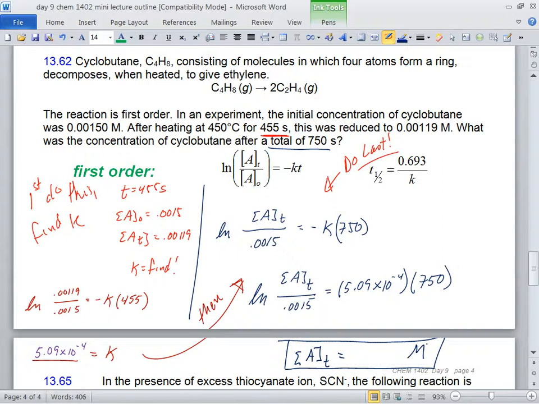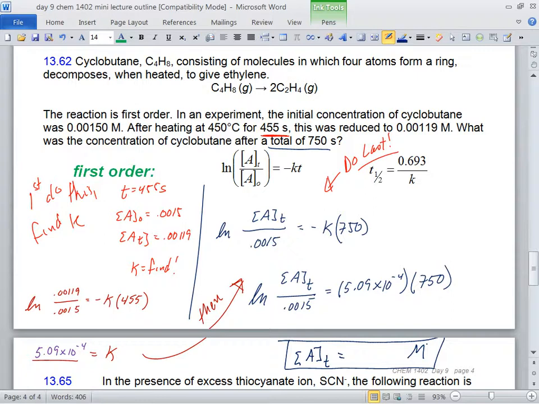Get an answer here. About 2.19 times 10 to the negative 3 is what I got. Is that possible? I think I screwed up on that.